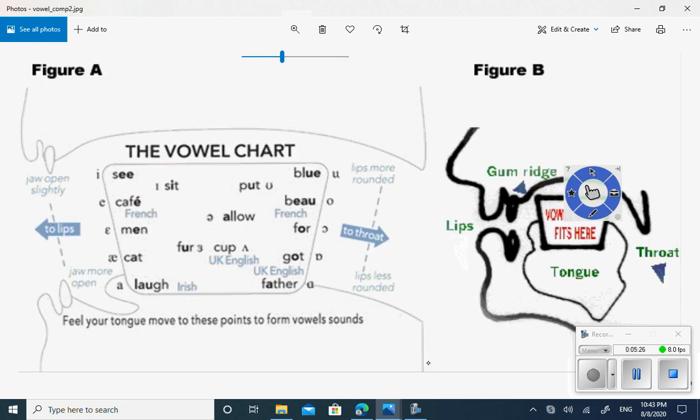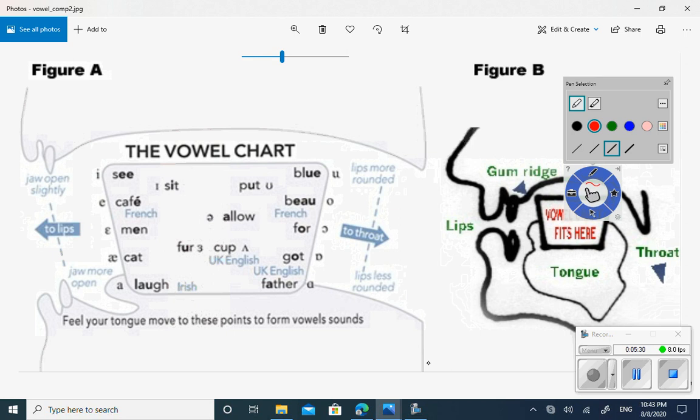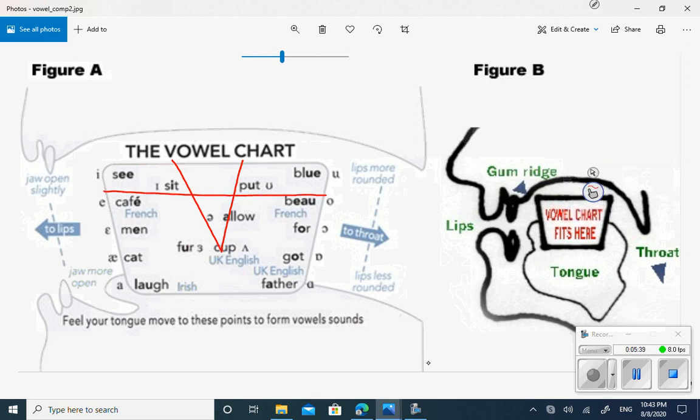As you can see here, if we put these like this and make something like this, you can figure out where those sounds are produced. So for example, the E here is produced by using the front of the tongue, and it is in the close position.